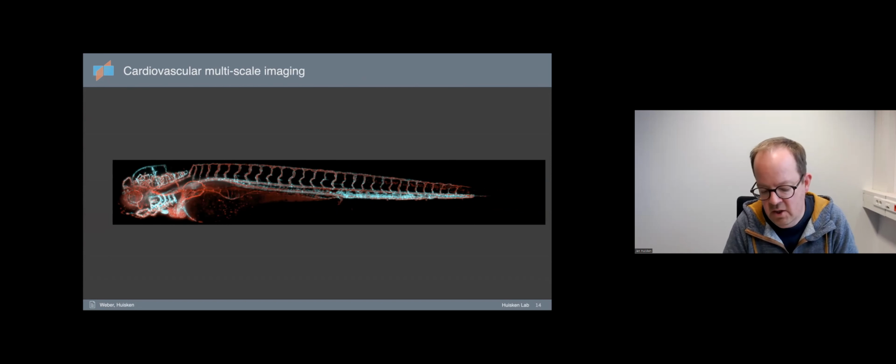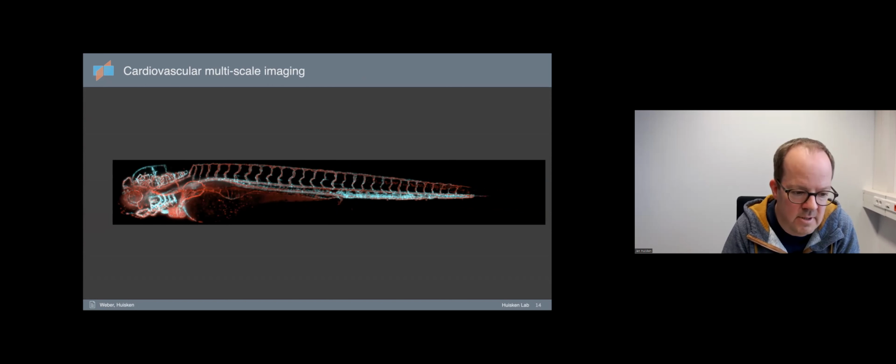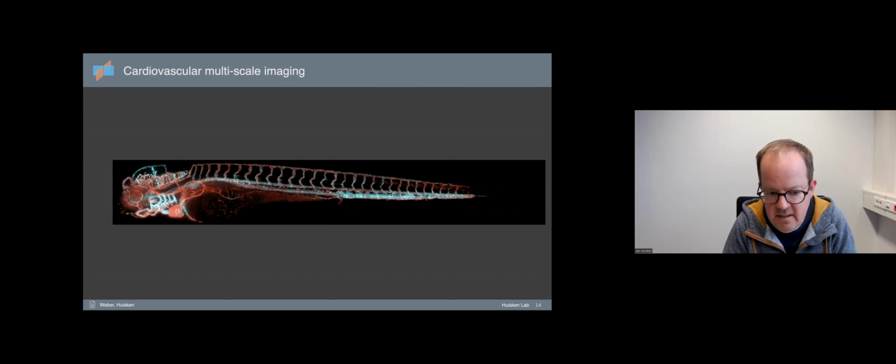A living, growing, developing organism with a beating heart and blood flow all across the embryo. And there's a lot of things going on that you simply cannot necessarily capture all at once. And that's something we have to accept somehow, that we have a limited pixel rate. We have a limited field of view that we can capture at a given time. And we simply cannot be everywhere at the same time, right?